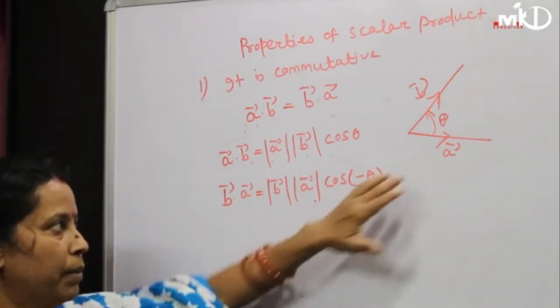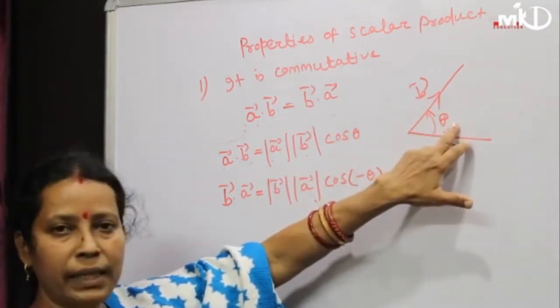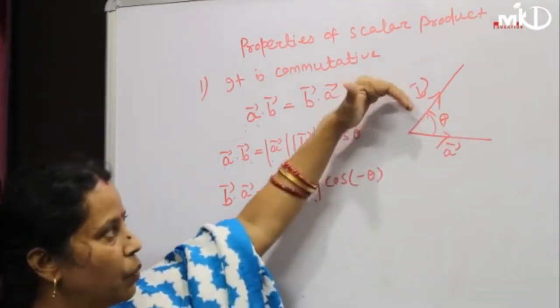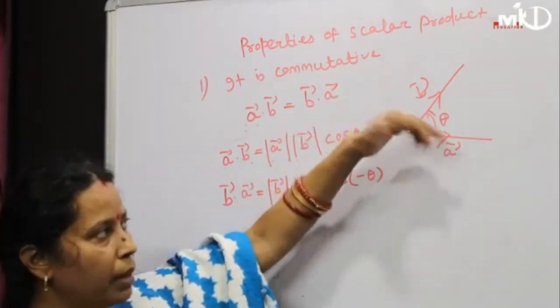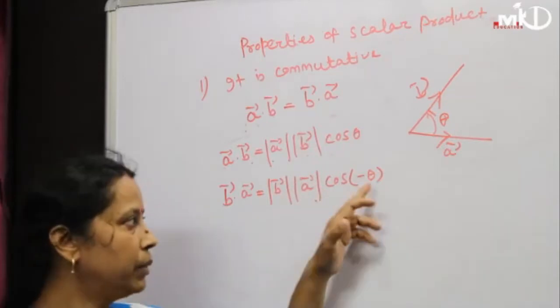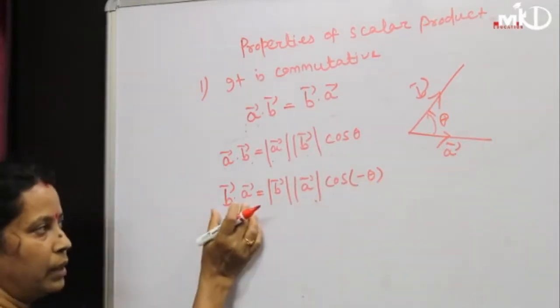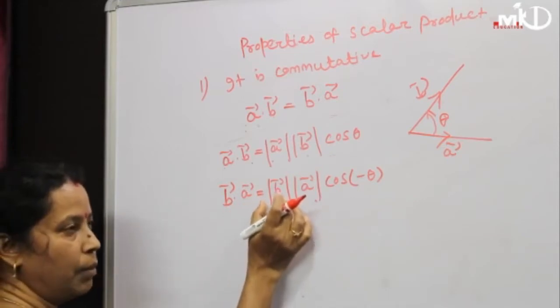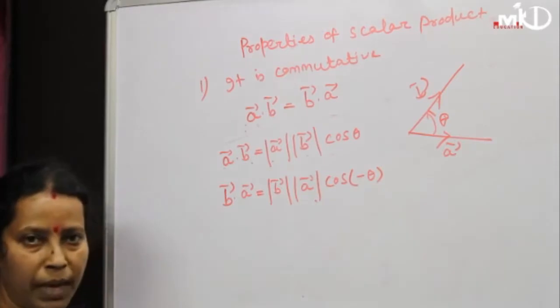Because if we measure the angle from a bar to b bar as anticlockwise and positive, then from b bar to a bar it is clockwise and is treated as negative theta.